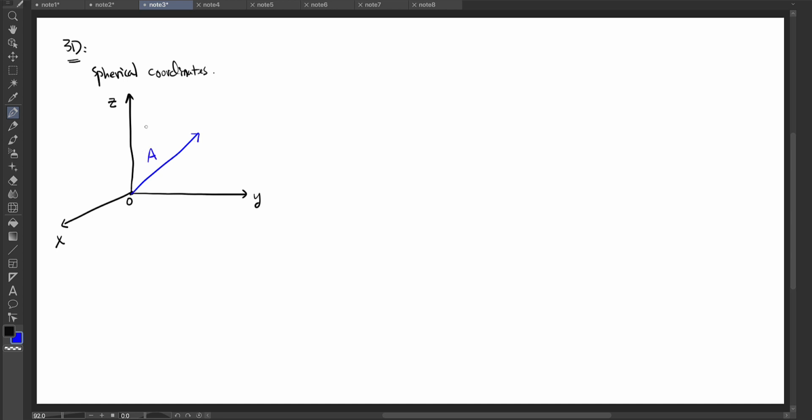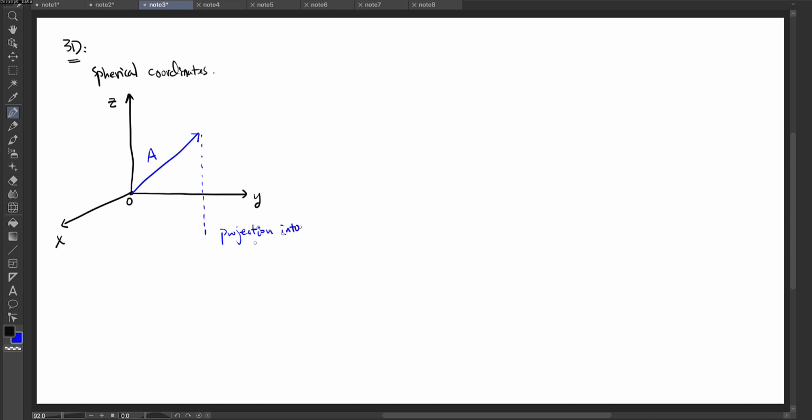A with magnitude A, and it's pointing this way. So now I'm going to represent this A with two other angles besides the magnitude. Let me first draw a projection of this arrow on the xy plane.